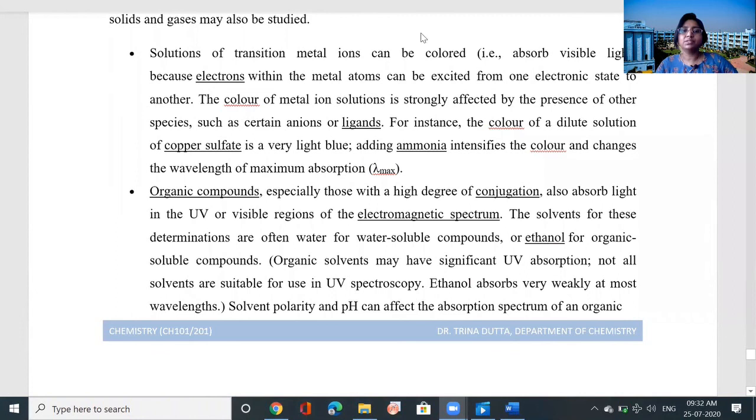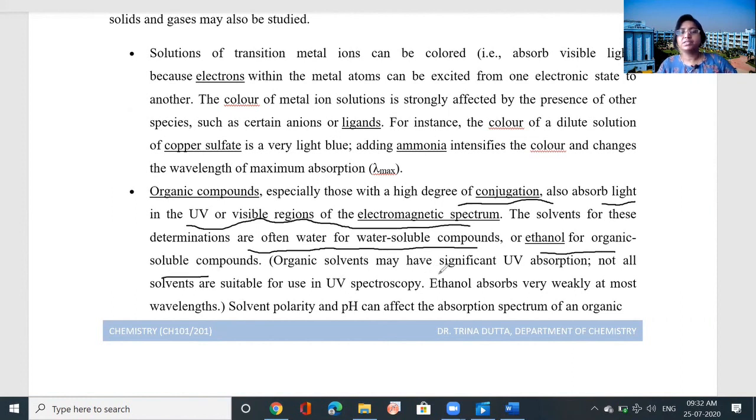Organic compounds, especially those with a high degree of conjugation, also absorb light in the UV or visible region of the electromagnetic spectrum. The solvents for this determination are often water for water-soluble compounds or ethanol for organic-soluble compounds.